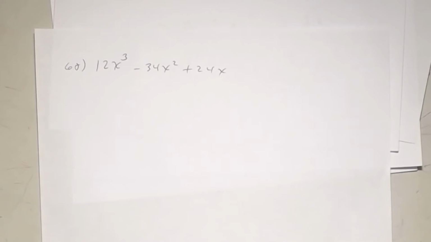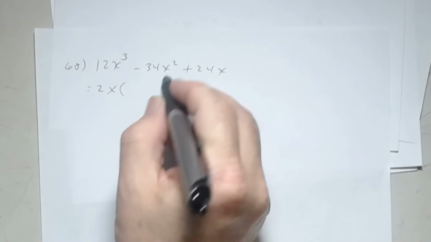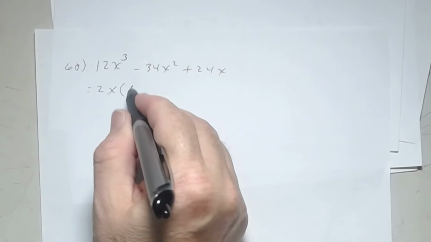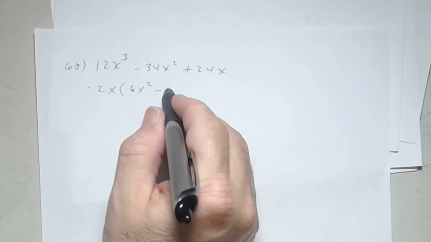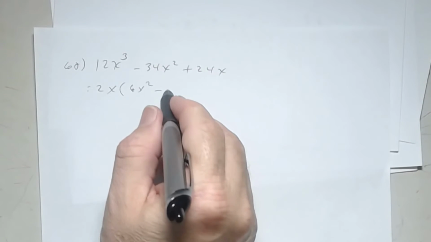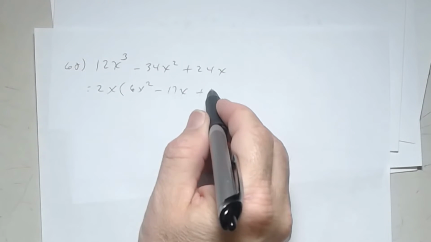GCF would be 2. What's the GCF? No, it's 2x, it divides evenly. Yeah, you're right. So 2x. So we're going to say 2x times, and then what do I write? 6x squared minus 17x plus 12.